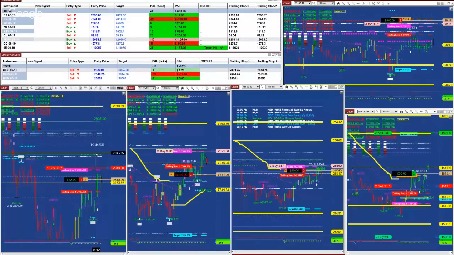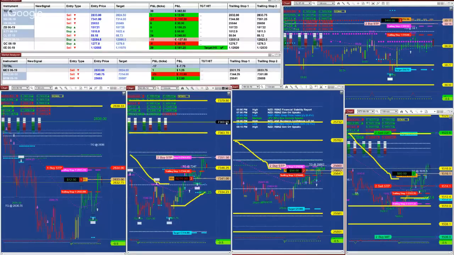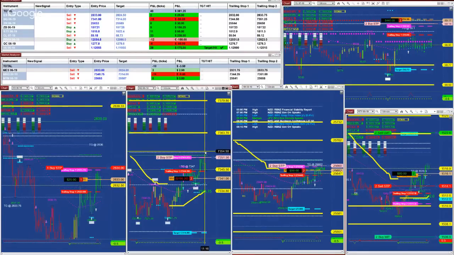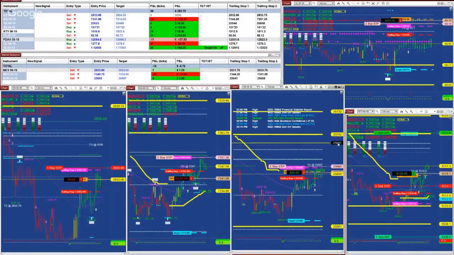And it goes the same story on the NASDAQ. Before we get excited with the new signal, or we let the auto trade take the new signal, we will not, again, we will not take any trade below the 54.50. It has to be above the 54.75, actually. The same story on the YM.